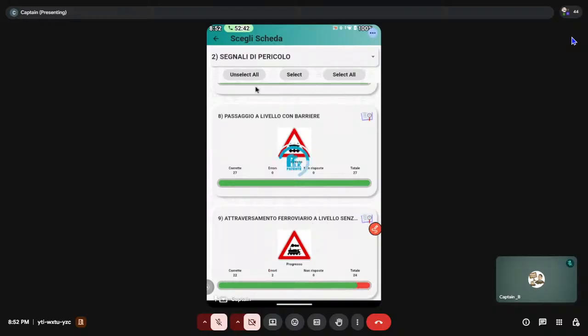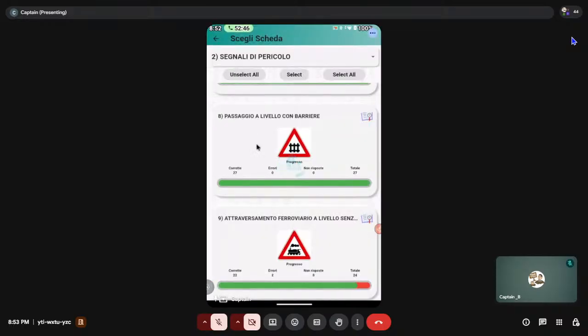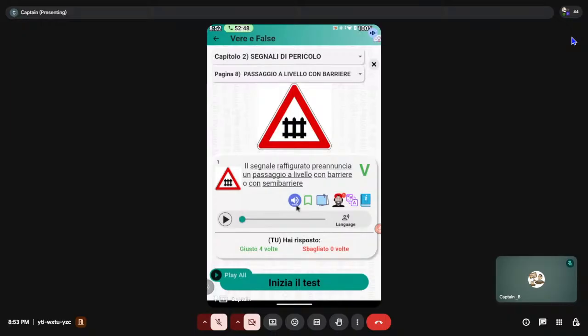Good. Now let's go to this one. The first one. Pay attention. Il segnale raffigurato preannuncia un passaggio a livello con barriere o con semibarriere. Now let me show you the barrier. In this sign that is referring to, preannuncia means announcing un passaggio, meaning a passing level with barrier or with semi-barrier. Yes, it is true.